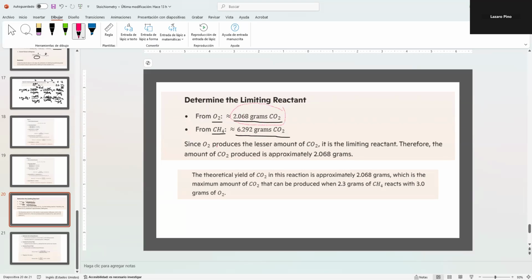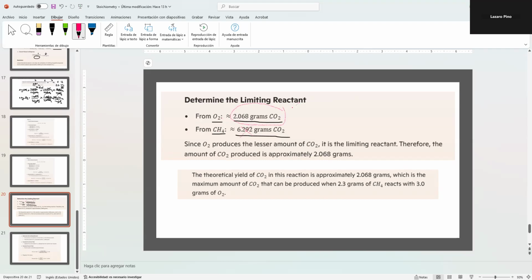So what does it mean? When the mass of dioxygen is over, you still have a certain amount of methane that didn't react yet. But this is an excess, so we cannot take into account this number.